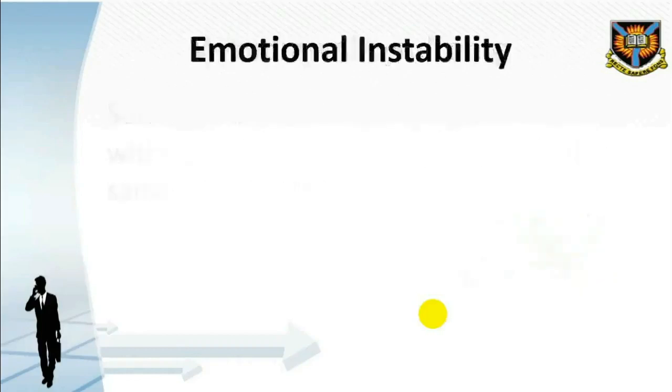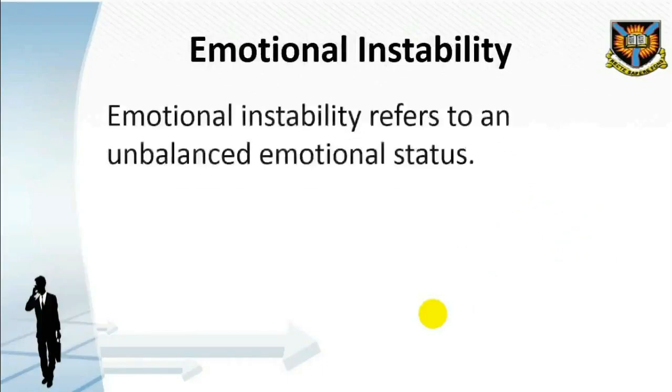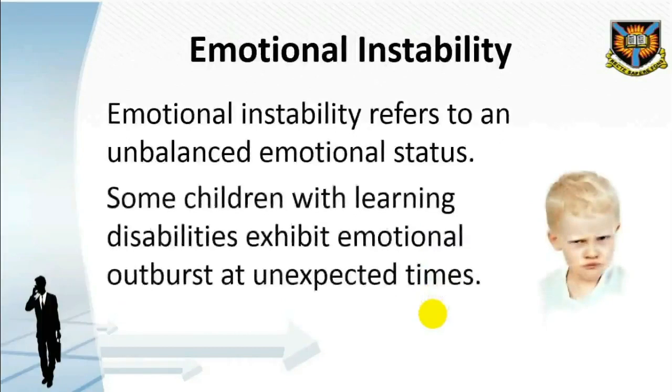3. Emotional instability. Emotional instability refers to an unbalanced emotional status. Some children with learning disabilities exhibit emotional outbursts at unexpected times.